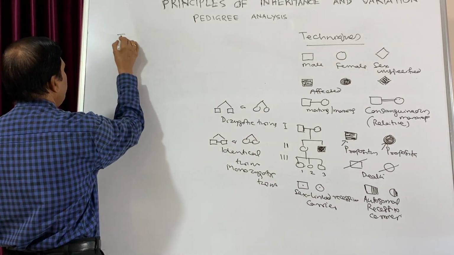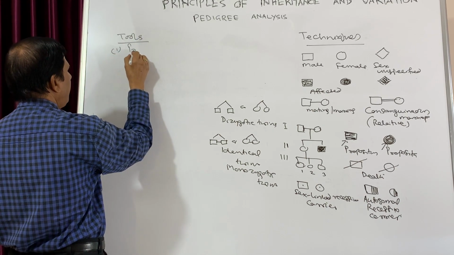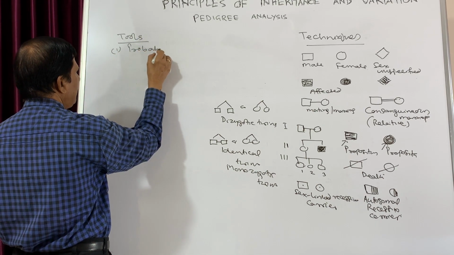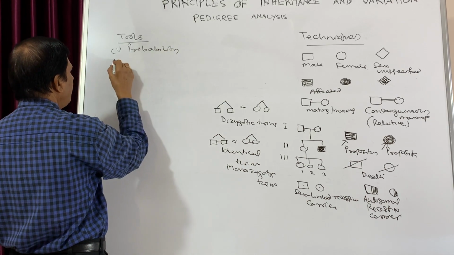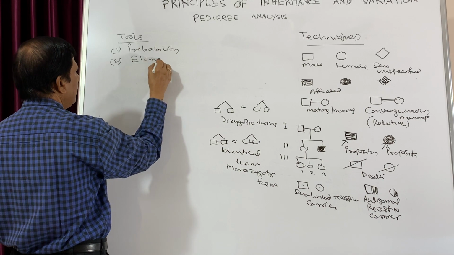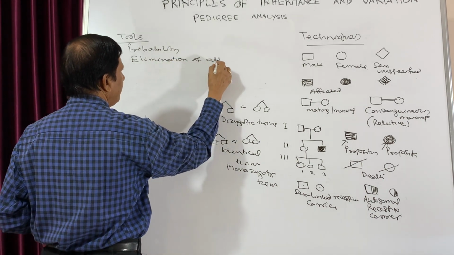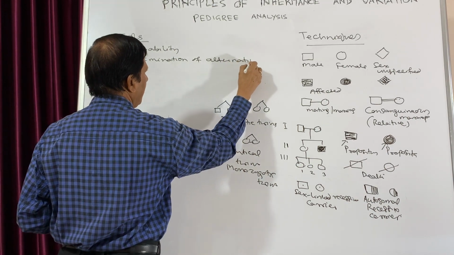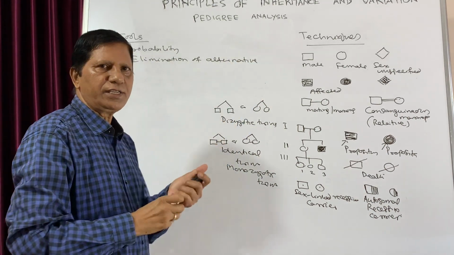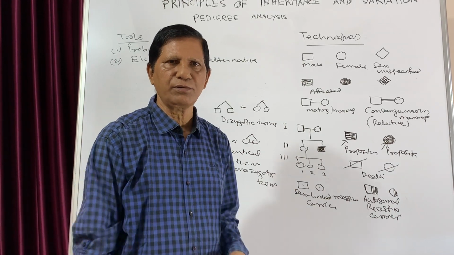That means among the tools, number one is probability, that means what is the chance, and number two is elimination of alternatives. That means we will see this is not possible, then we will eliminate. This is not possible, we will eliminate. Then we will come to the conclusion.